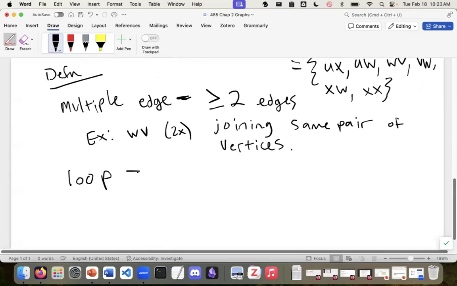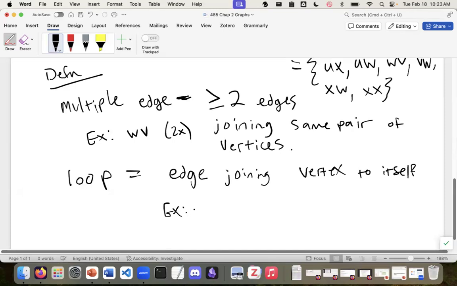What we call a loop is an edge joining a vertex to itself, right? So that's the example of XX in the graph above, where we've got a vertex X and there's just an edge that loops back to itself.